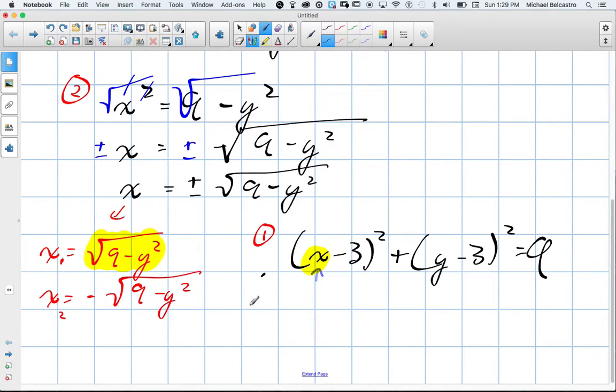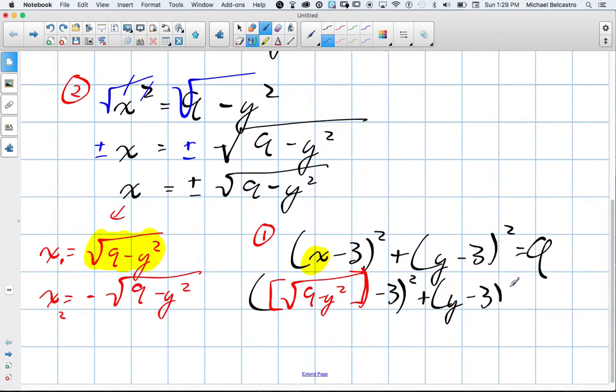So now it's going to read: the square root of 9 minus y squared, in brackets, minus 3, squared, plus (y minus 3) squared equals 9.